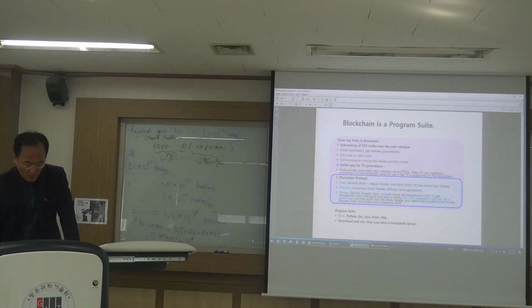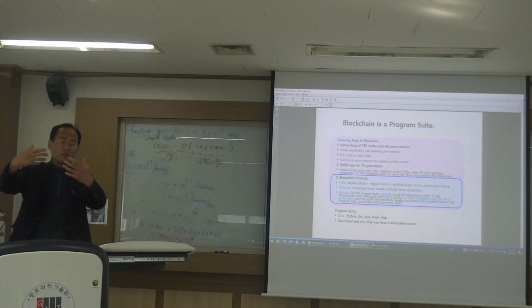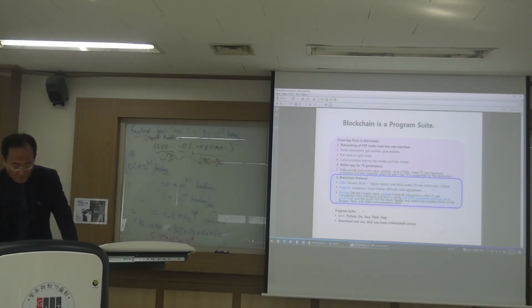Because it's a random number. And then put the proof into the block header, attach the proved block to the longest chain. You connect your newly created block to the blockchain and make an announcement as soon as possible. Okay, so that's the protocol.